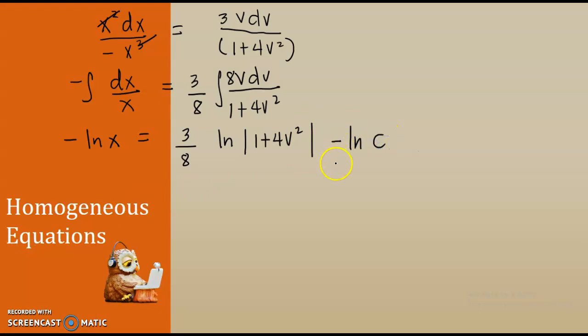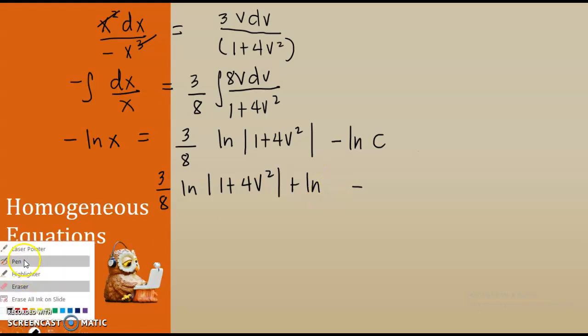Remember yung c, kahit anong gawin po natin dito, since this one is a constant, ginawa kong ganito para mas madaling i-simplify. Okay, therefore, this one is 3 over 8 ln 1 plus 4v squared plus ln c.